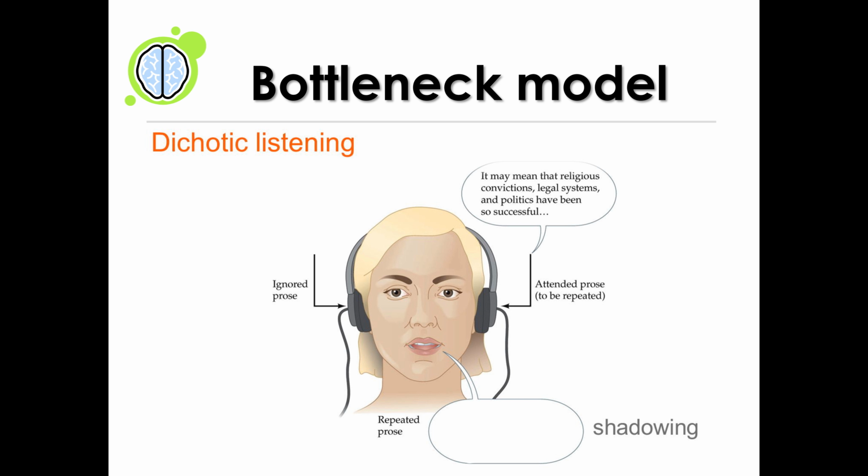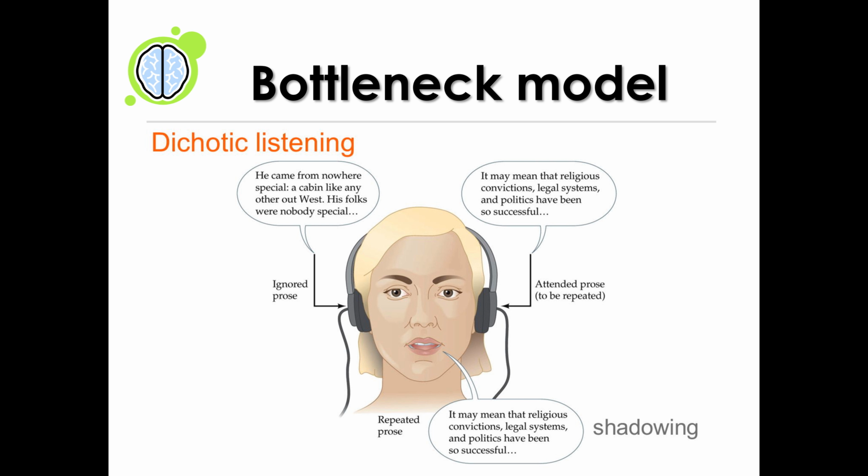So, for instance, if in the attended ear it says something along the lines of, "It may mean that religious convictions, la la la la," and the unattended message says, "He came from nowhere special, a cabin, la la la la la," the shadowing should be, "It may mean that religious convictions, la la la la." So you have to shadow the attended message while not shadowing the unattended message. Is this fairly simple? Well, it takes some practice, but it's not so hard.